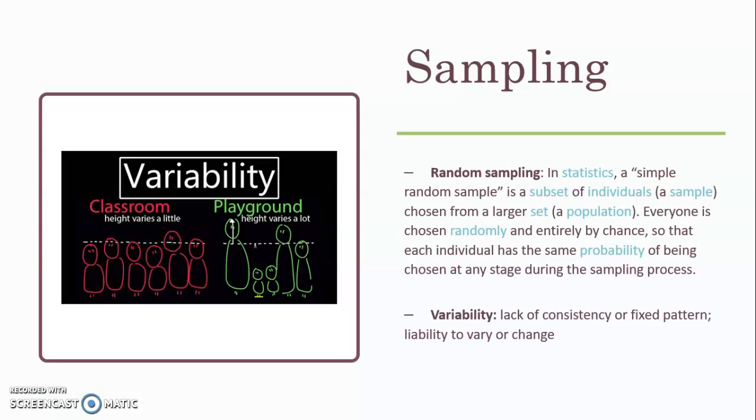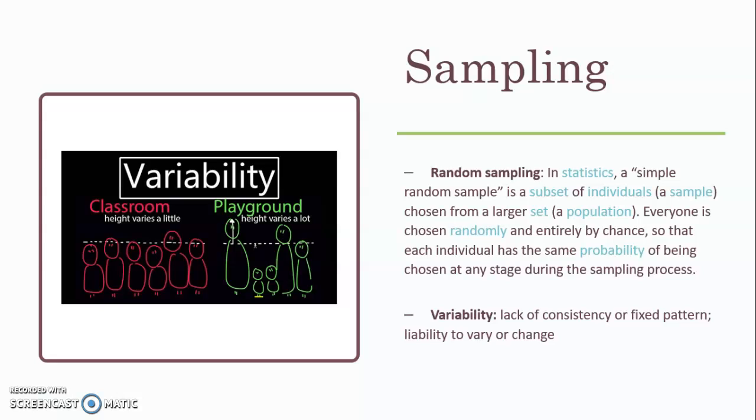In a classroom, the height doesn't vary much because they're all around the same age, so you're going to get a much shorter answer for the average height of the school. Whereas if you go to each recess and randomly select people on the playground, you're going to get a better idea of what the average height is for that school.